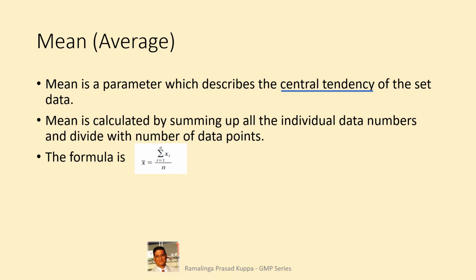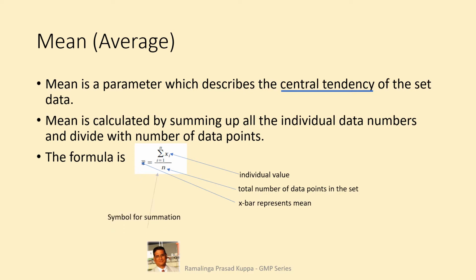We will learn more in the coming up slides about this. Xi is the individual value, n is the total number of data points in the set, x bar represents mean, and the symbol for summation is this.